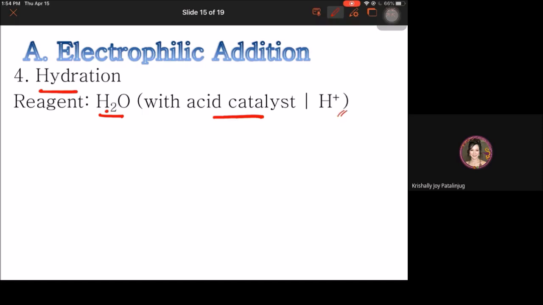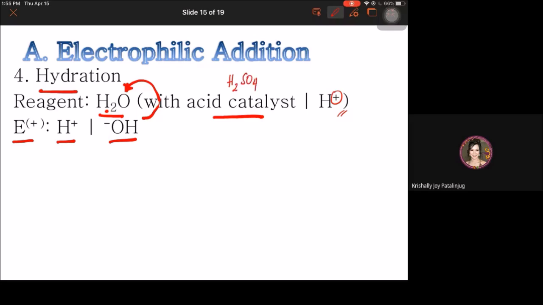That will be the source of H+. So the electrophile produced from that reagent is the H+ coming from the acid catalyst and the OH coming from the water being added. The most usual acid catalyst used is sulfuric acid.